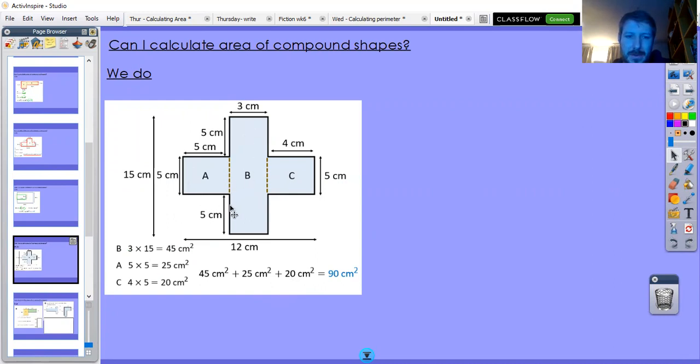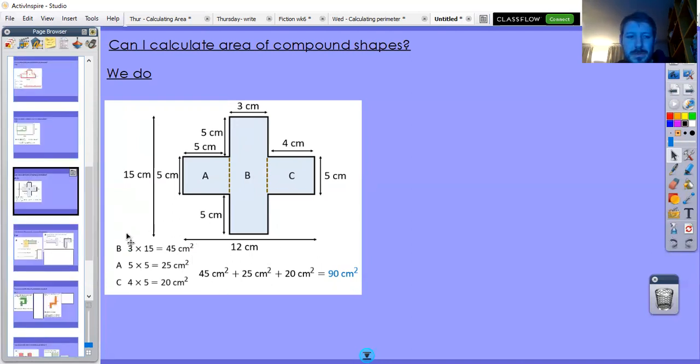Then you've got this area here, which is the B shape. So that is 3 times 15, because this whole length here is 15, so it's 3 times 15, which is 45. And then this area here, C, is 4 times 5, which is 20. And then you added them all up.